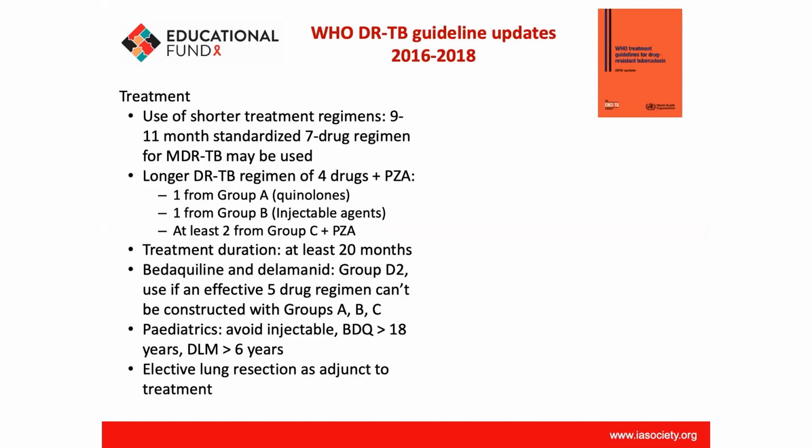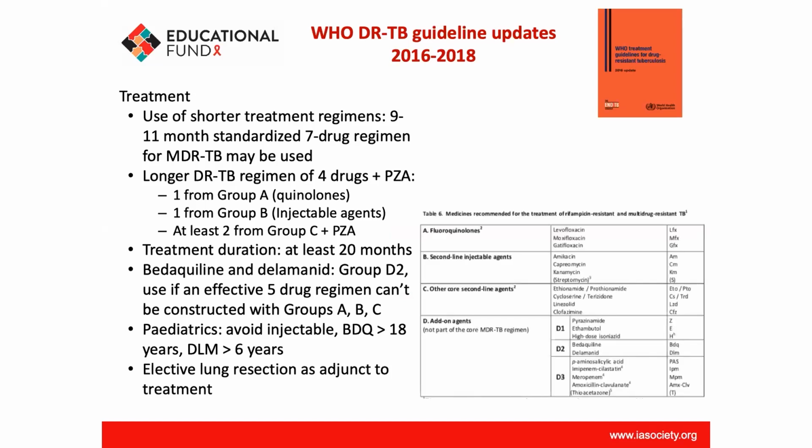And it's a 9 to 11 month standardized 7-drug regimen. For those patients who were not eligible, perhaps they had severe disease or they had fluoroquinolone resistance, a longer regimen was still recommended based on updated groupings that you'll see there on the right.